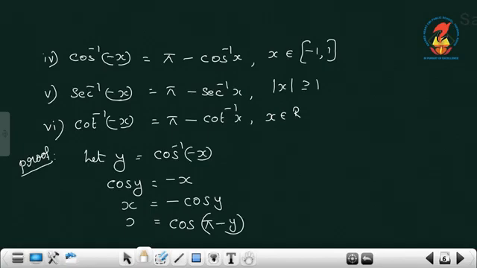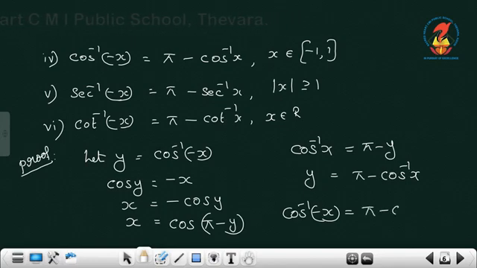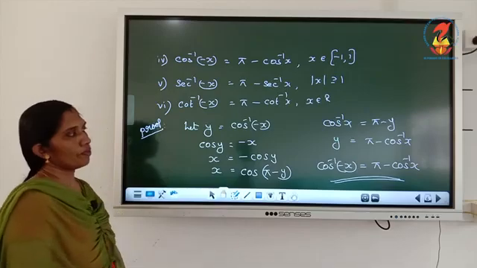Okay. This is x. So, what is cos inverse x? Cos inverse x is equal to pi minus y, or y is equal to pi minus cos inverse x. And what is y? Cos inverse minus x. So, cos inverse minus x is pi minus cos inverse x. So, we proved. The same way we can prove the next two.